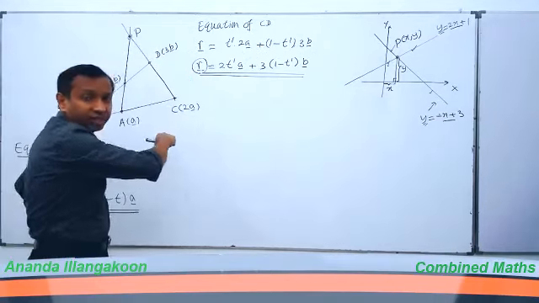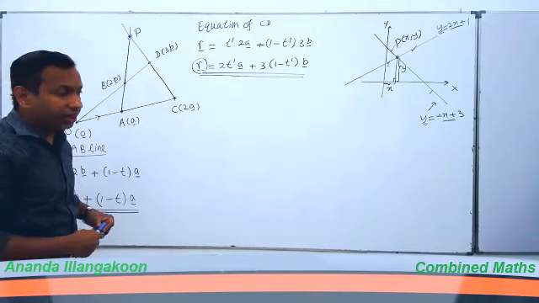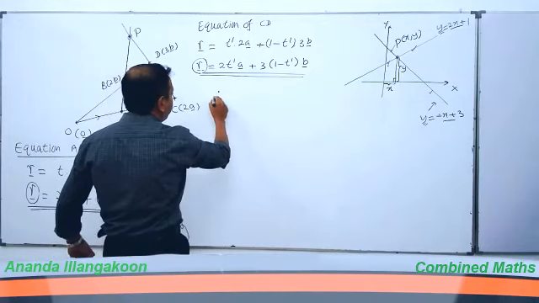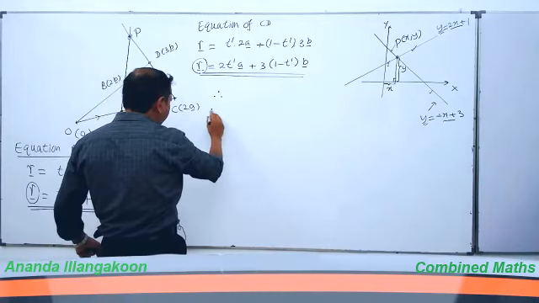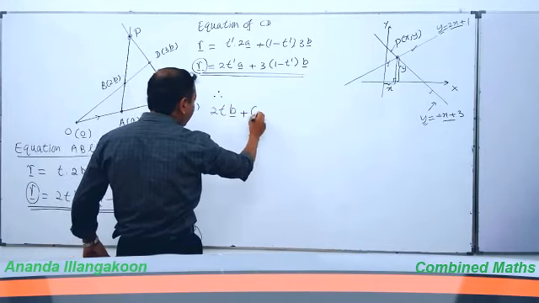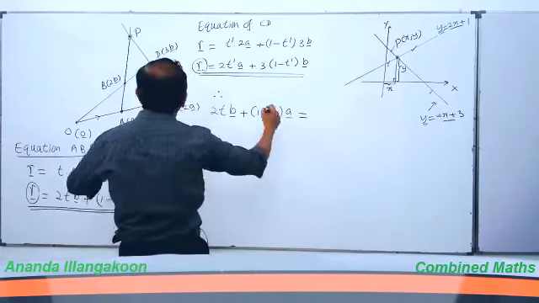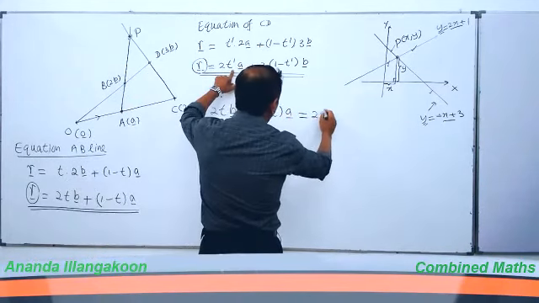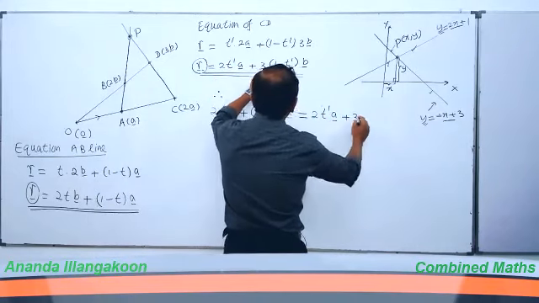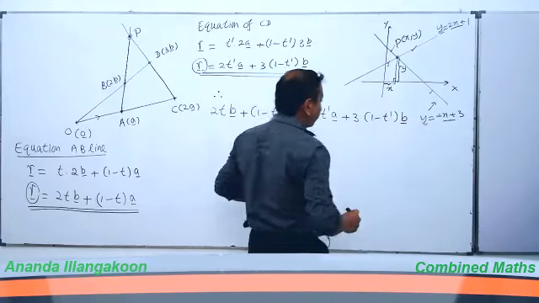If this left hand sides are equal, then right hand side must be equal. Understood? Right. Then we can equate the right hand side. This equals this. Therefore, people, we can write 2 times TB plus 1 minus T times A should be equal to, people, this 2T dash A vector plus 3 times 1 minus T dash B vector.